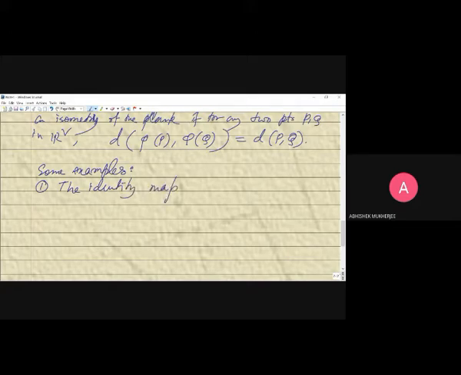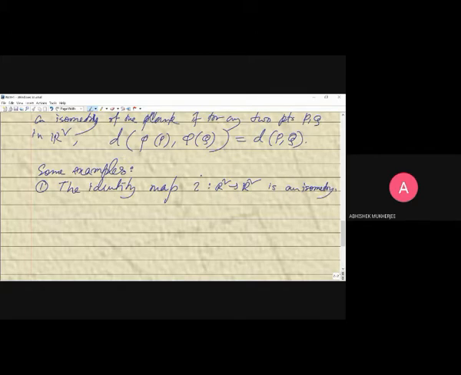So for this one, the identity map I from R2 to R2 is an isometry, right?